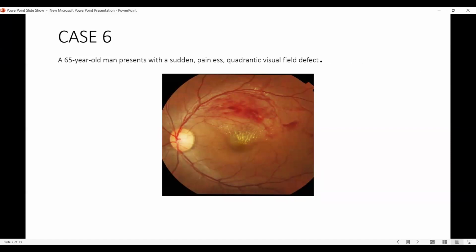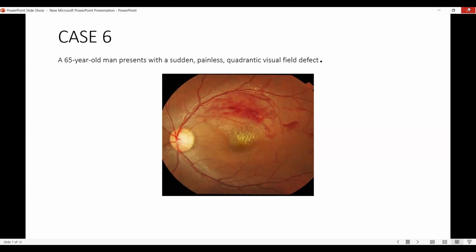Ma'am, hello. I'm Dr. Ponni. This is the color fundus photograph of the left eye. Media appears clear and the disc appears normal with a cup-disc ratio of 0.4.